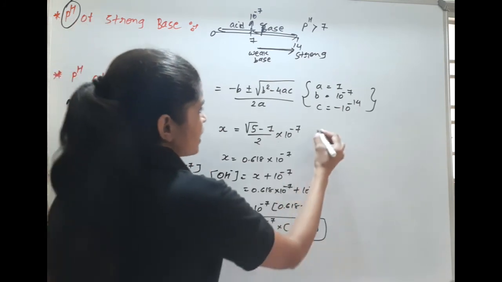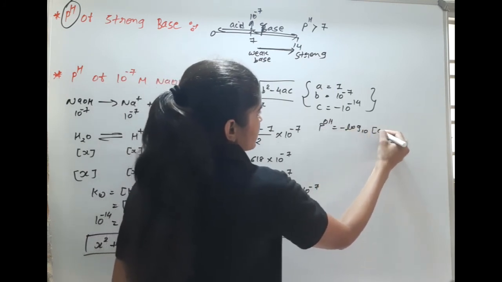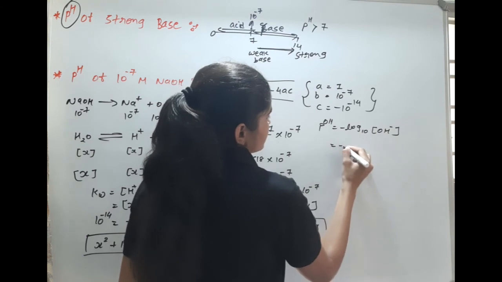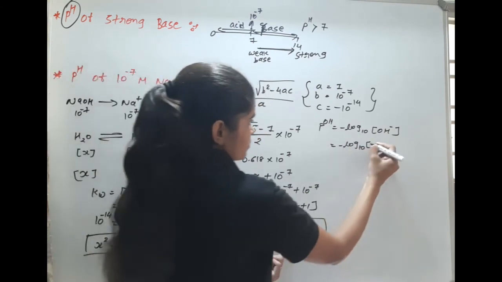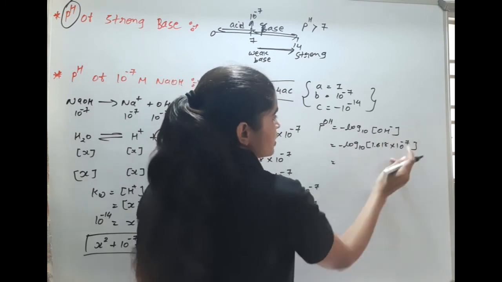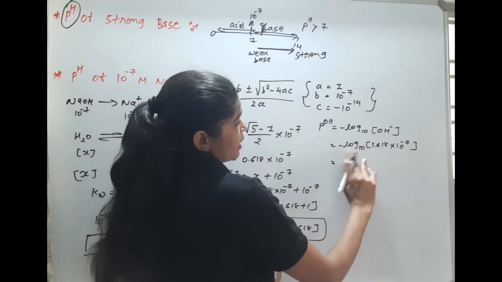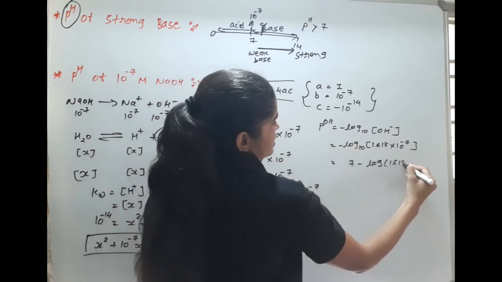Put this value in pOH is equal to minus log10 [OH-]. Minus log10 of the OH- value, which is 1.618 into 10 raised to minus 7. This is minus 7 and minus plus 7, so 7 minus log 1.618.